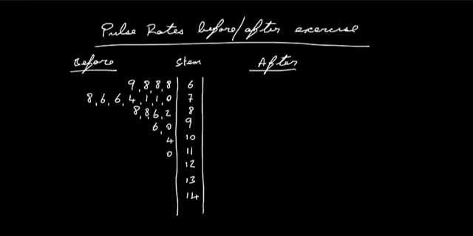So this is before, this is after. Let's say their pulse rate is going to go up. So let's say we start here at 80. Let's say 6, 7. Let's put in an 8 and an 8. Under 90, let's put in a 0, 2, 2, 4, 5. Let's put in an 8, a 9, and a 9. Under 10 here, which is actually 100, let's say someone has a pulse rate of 100, 104, and let's put in another 104.